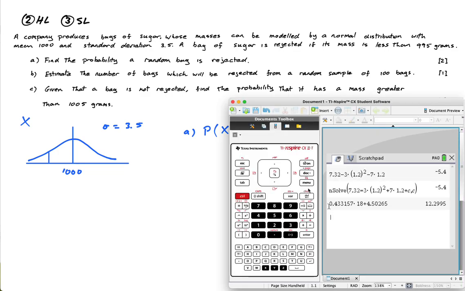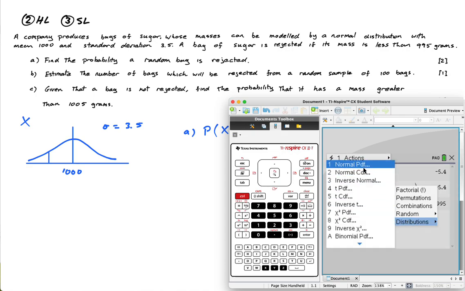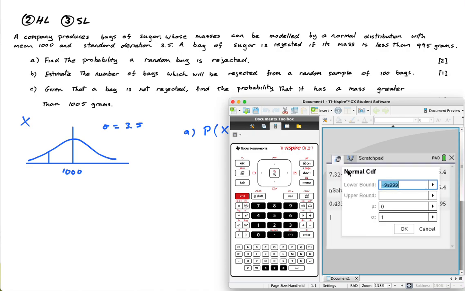Now this is easy, guys, because it's paper 2. You just sub in, where we do menu, probability, distributions, normal CDF, never PDF, and we go for the lower bound is minus infinity, which is already in the calculator, which is fine. Upper bound is 995. The mean is 1,000, and the standard deviation is 3.5. Just always be careful, guys. Are they giving you the standard deviation or the variance? In this case, it's the standard deviation, so that's good.